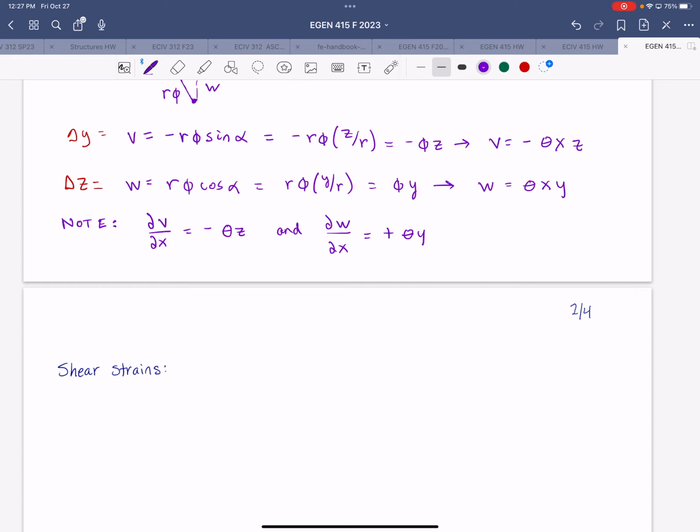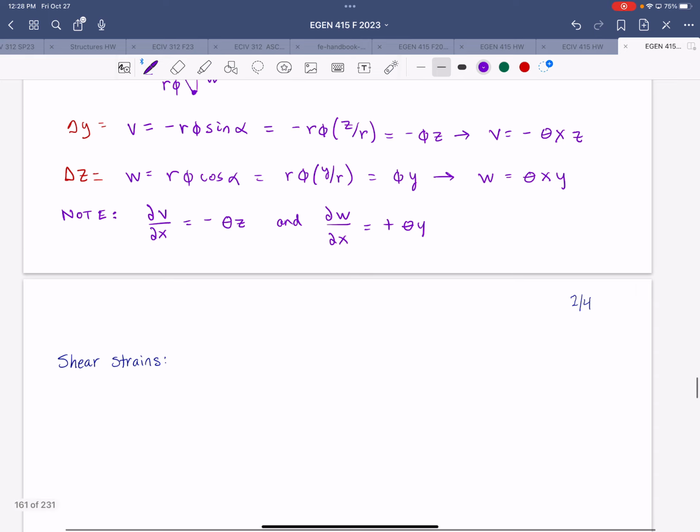So now we'll go through and evaluate the shear strains using these relationships that we just outlined. We have 3 shear strains total to consider, right? We'll start with the shear strain in the YZ plane. That's going to be the partial derivative of W with respect to Y plus the partial derivative of V with respect to Z. So that's going to be theta x minus theta x, or 0.